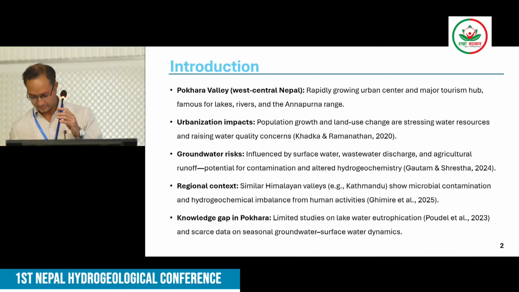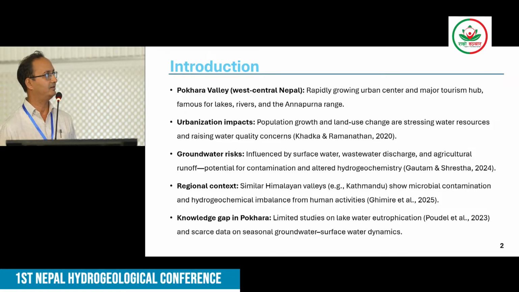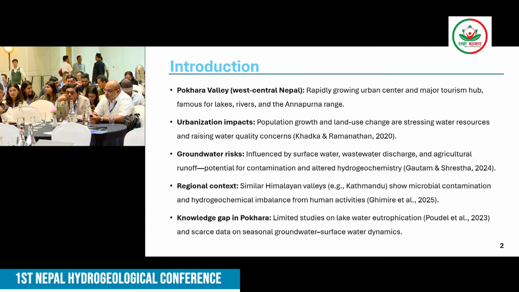So we're aware about Pokhara, and it's very popular both nationally and internationally. It's a hub for tourists. It's a valley, and there are 9 clusters of lakes also, and many rivers flowing through the valley.